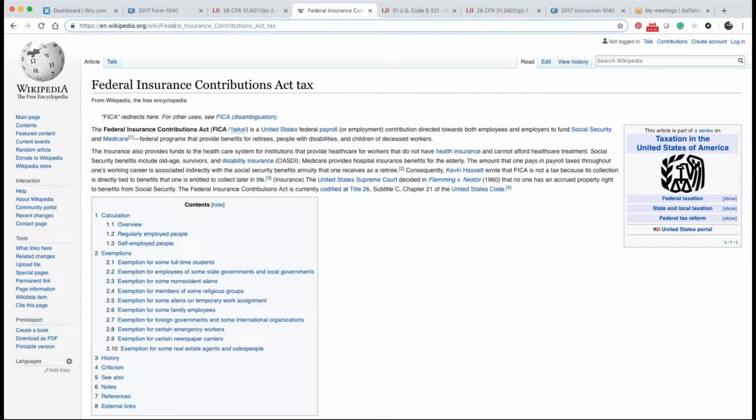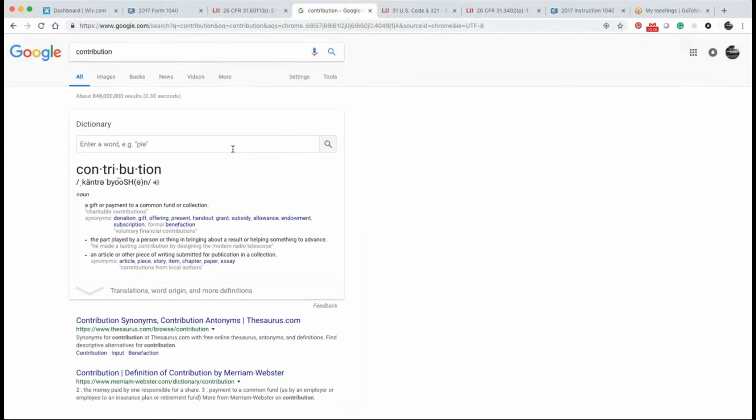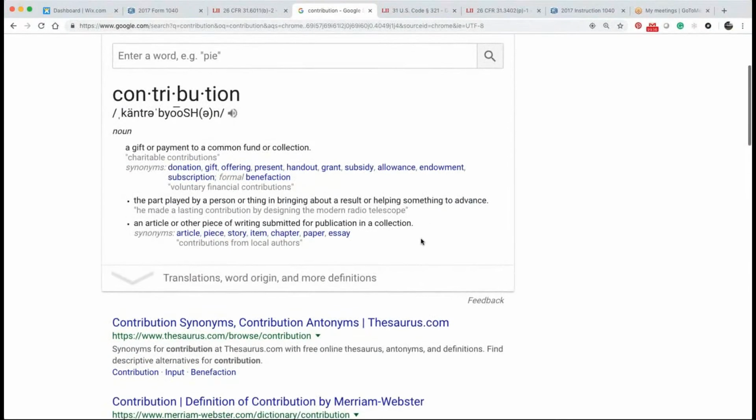So what's the definition of a contribution? When I think of contribution, it's a gift or payment to a common fund or collection. Here are the synonyms: donation, gift, offering, present, handout, grant, subsidy, allowance, endowment, subscription, benefaction. So by their definition, FICA is a gift.